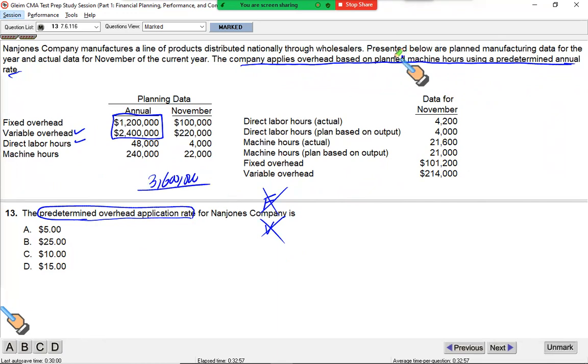And since I told you the denominator is going to be the machine hours, which means we are going to use this 240,000 as our driver, as our denominator. Right. So if you divide 3.6 million, which is our combined overhead cost, variable and fixed combined, by 240, it's going to be $15 per machine hour. This is the composite rate or combined rate or single rate of variable and fixed combined, and that makes D to be the correct option.